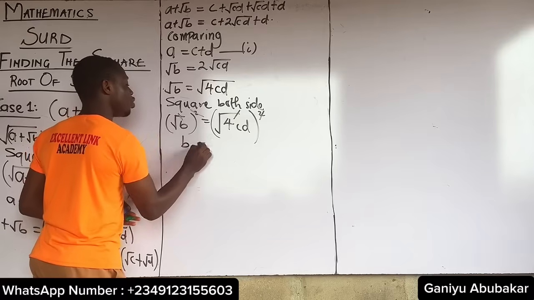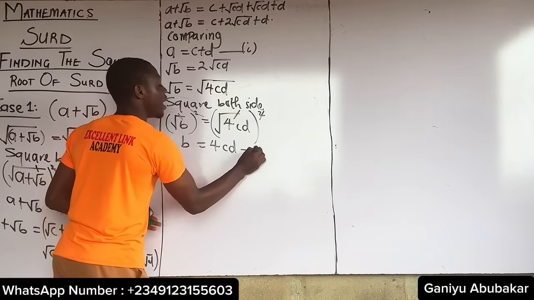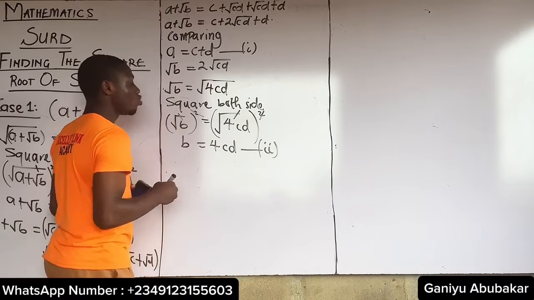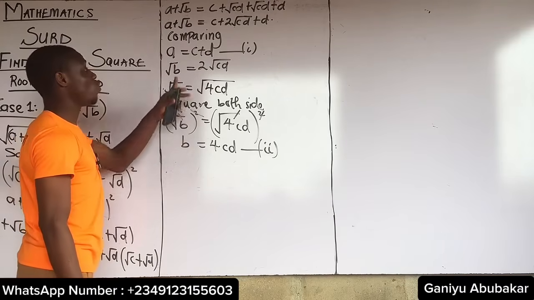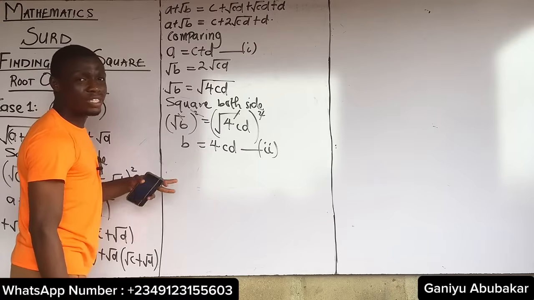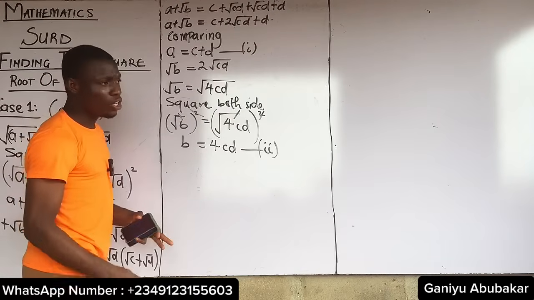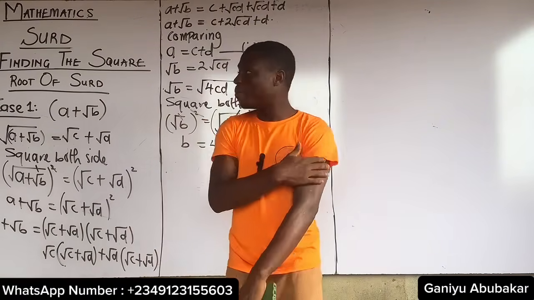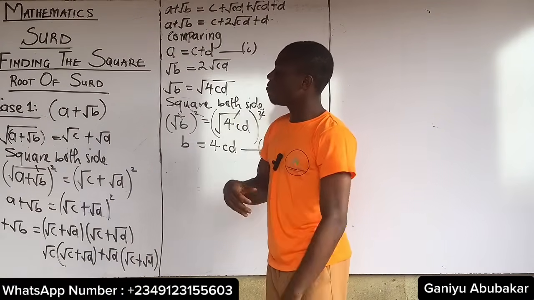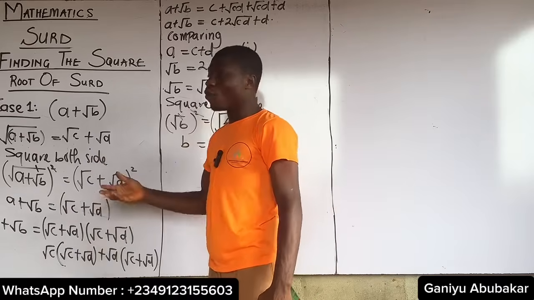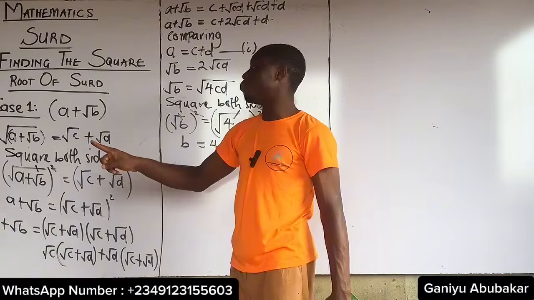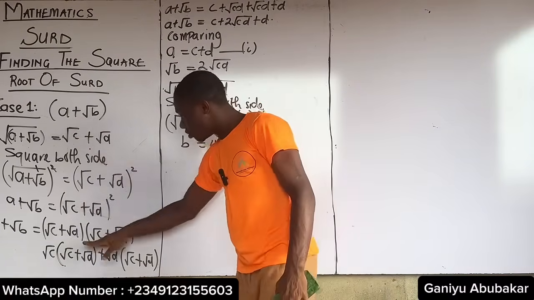I'll have B is equal to 4CD as my equation 2. So I'm given equation 1 and equation 2, and the task now is to solve them using the simultaneous equation concept. This is the concept behind finding the square root of a surd when it is positive. This is the procedure here.